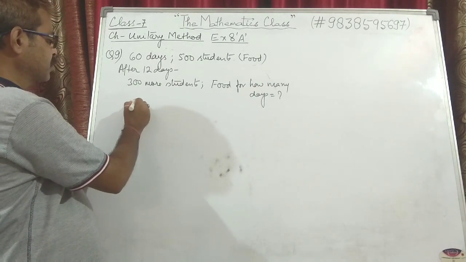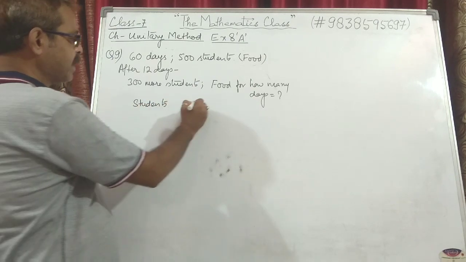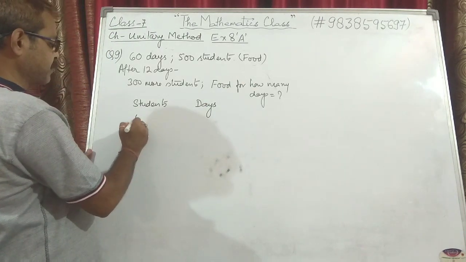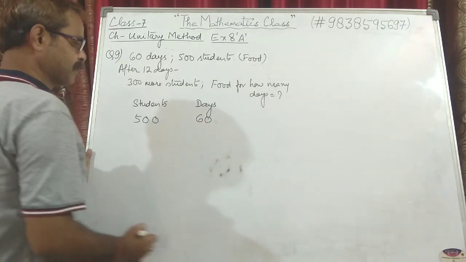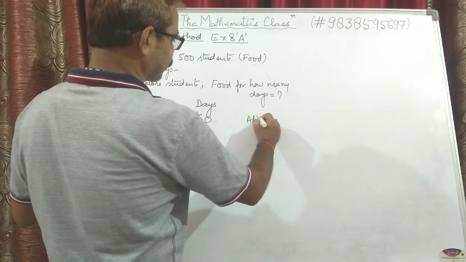So first of all, we will write students and days. Now the food was present for 500 students for 60 days. But what happened after 12 days?